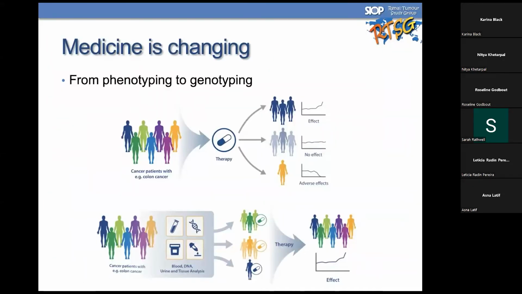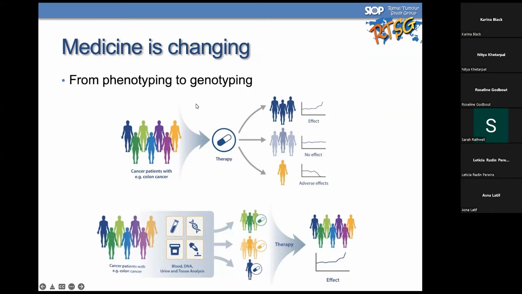And we have to see that medicine is changing. It is changing from phenotyping to genotyping. In former times, for the same phenomenological disease, like here colon cancer, we had one kind of treatment, and this was effective in some patients and not effective in others. In some patients, it even had an adverse effect on survival.